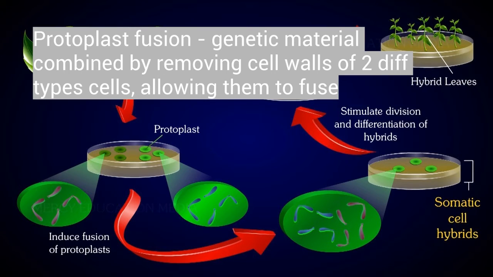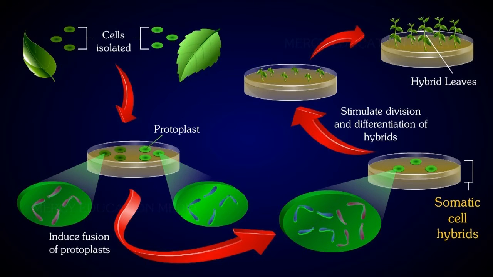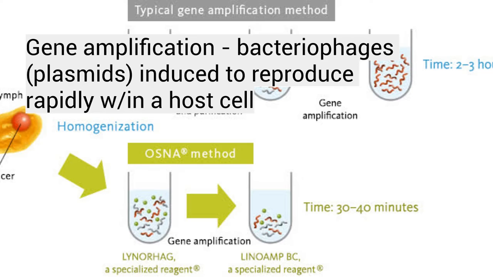There's also protoplast fusion, where you remove the cell walls, release the DNA of two different types of cells, and allow them to fuse on their own. This is from an old PowerPoint from a class I've taught, and it shows that process with plant cells. So it's not just bacteria that we do this with; we do it with more organisms.